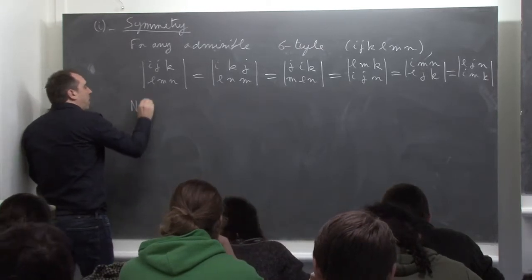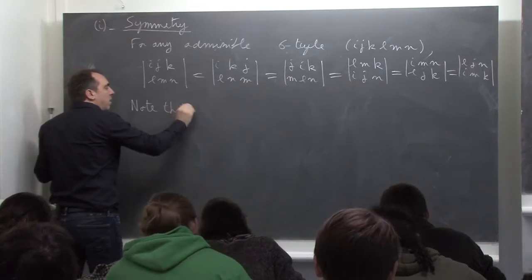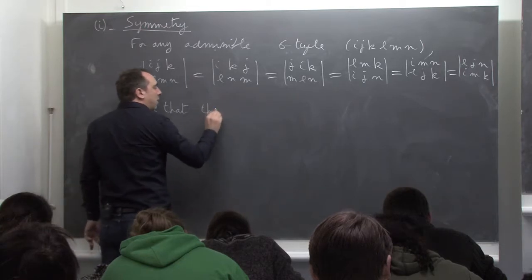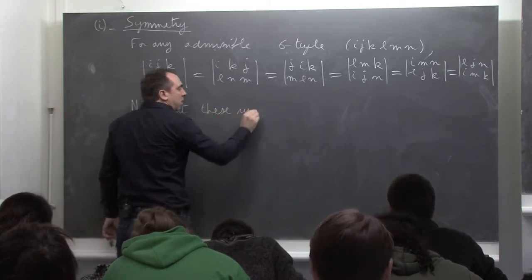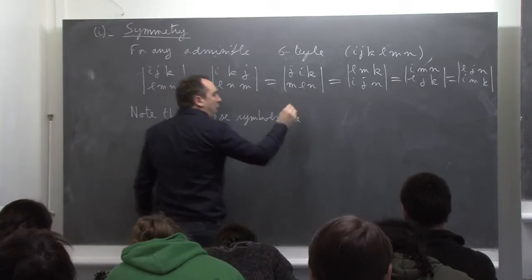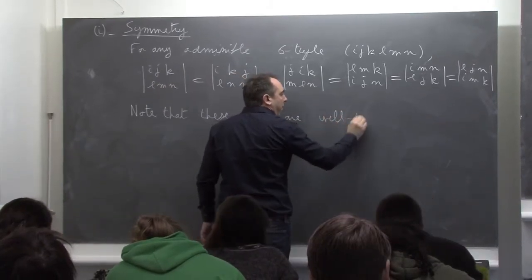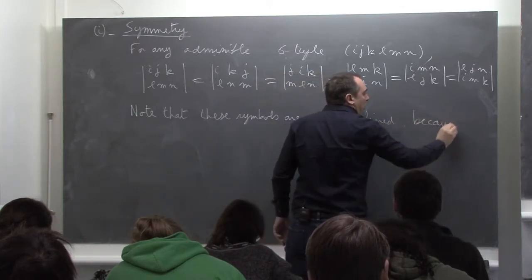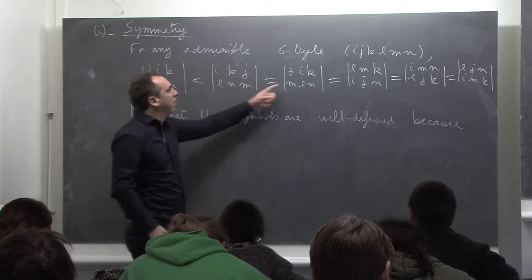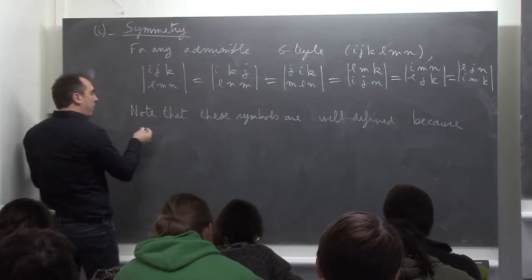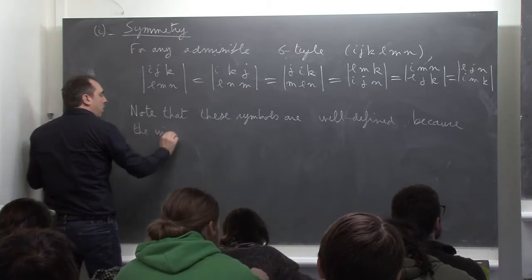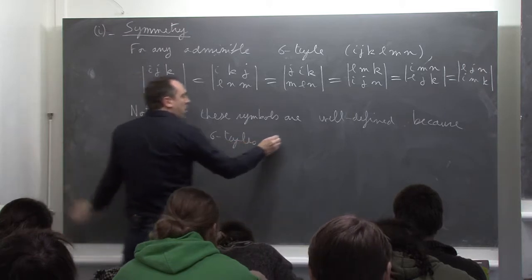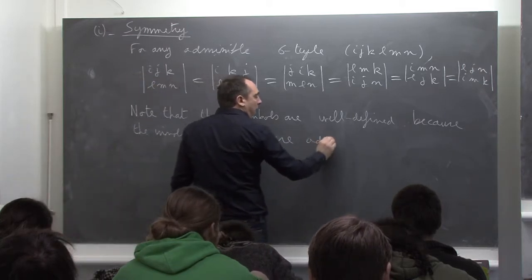Maybe I make a remark. Note that these symbols are well defined because the other 6 tuples involved are admissible.